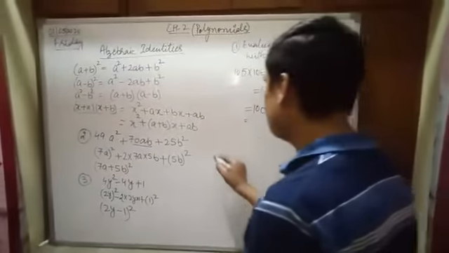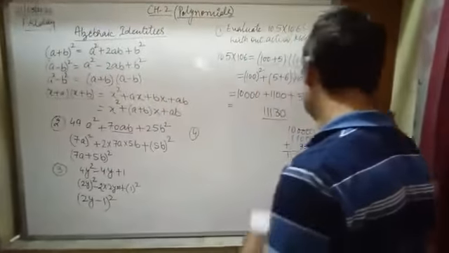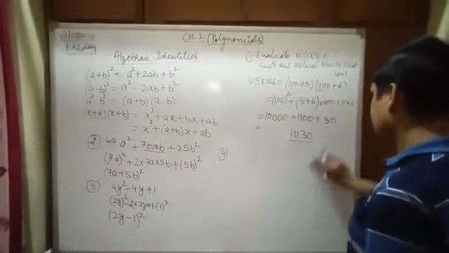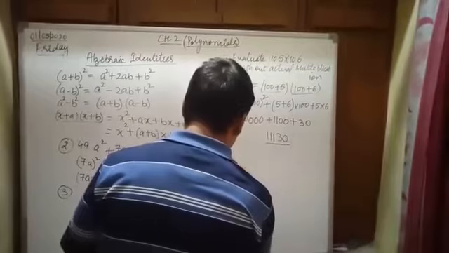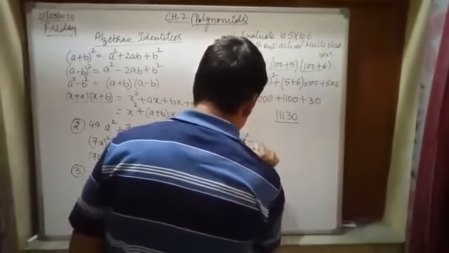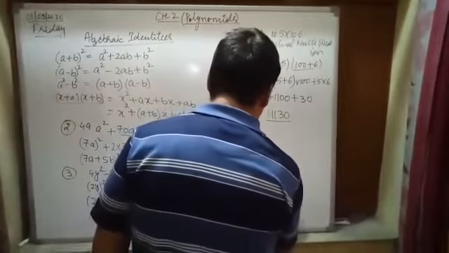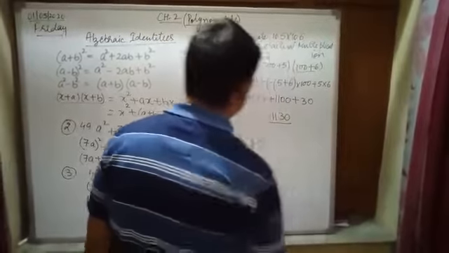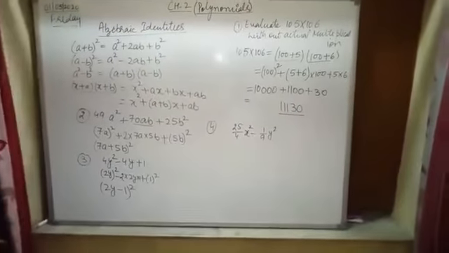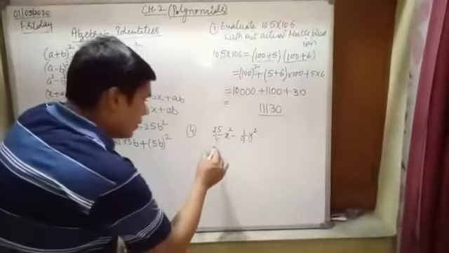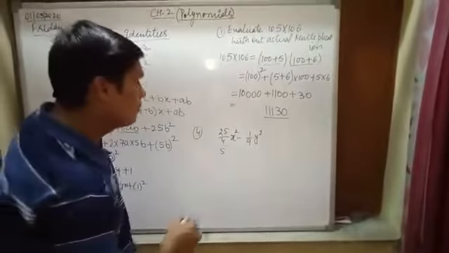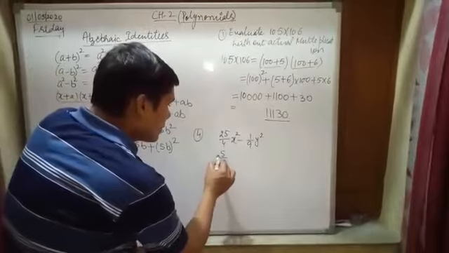One more question. 25 by 4 x square minus 1 by 9 y square. 25 is the square of 5. 4 is the square of 2.